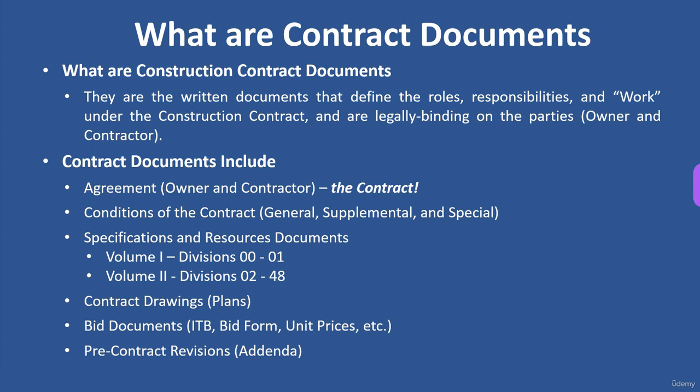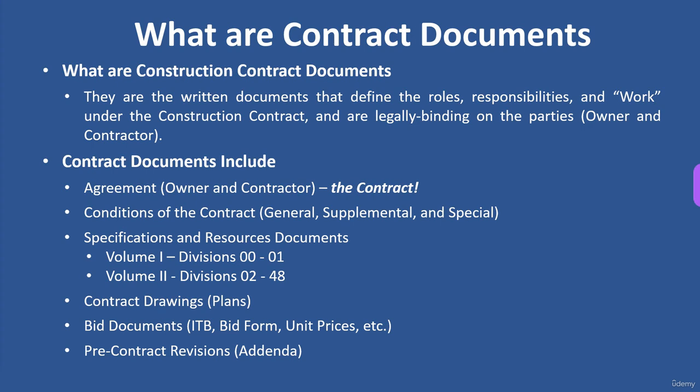Division 0 through 1, which is usually your volume 1, which is your front end spec. That's your project requirements. And then you have volume 2, which is your technical specs, which is usually 2 through 48. That's when you get into actually all the materials of the project. Everything from demolition to concrete to steel, all the way up to Division 48.